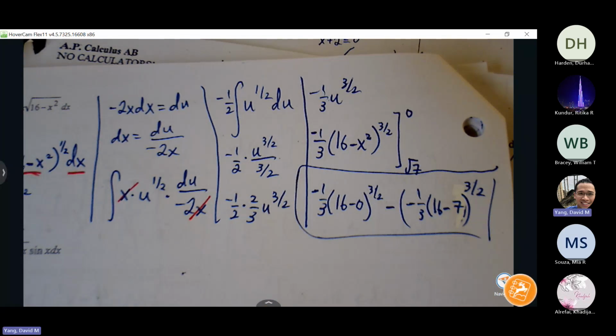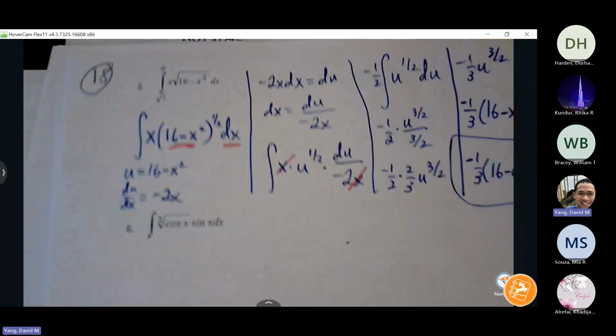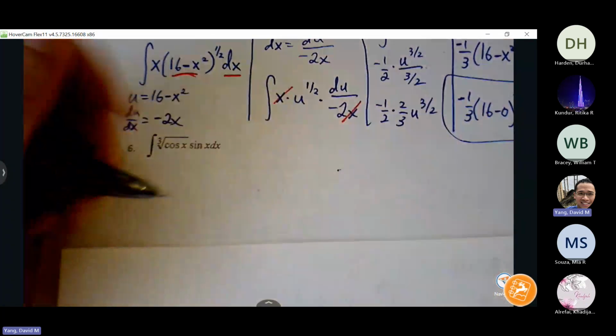All right, number 6, I want to change something with number 6 here. I want to make it into a definite integral problem. So I'm going to put this on a separate sheet.